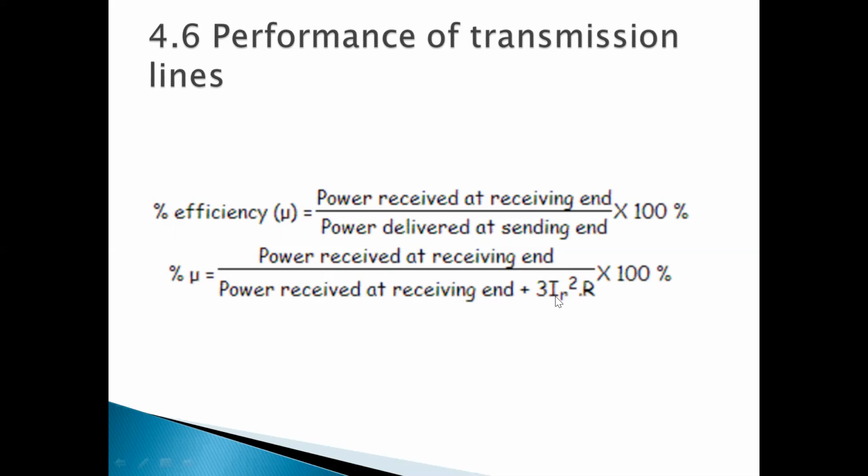Because there are three phase lines, so there are three receiving currents. This is the efficiency of a three phase line. In case of a single phase line, we just remove the 3. That's all for short transmission lines. Now we move towards the long transmission line.